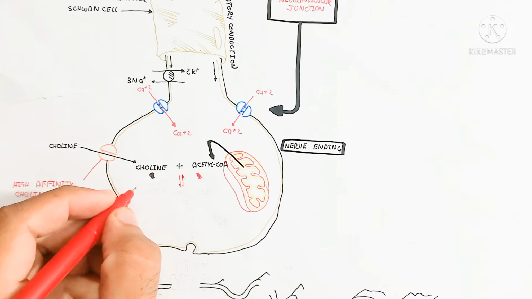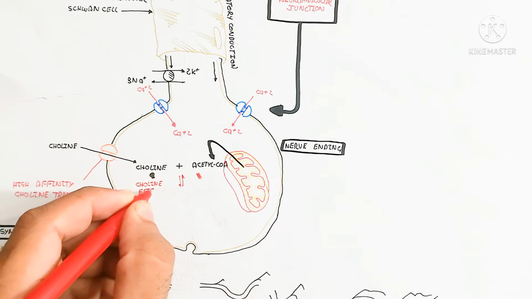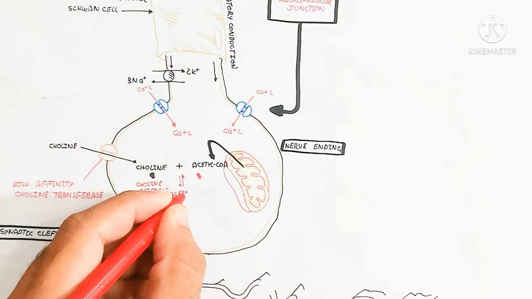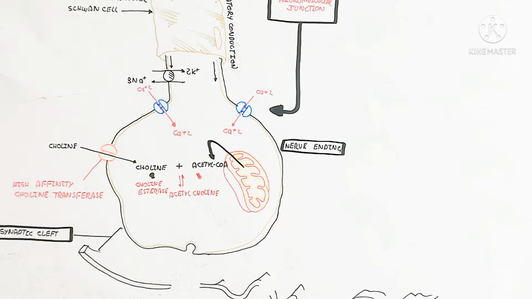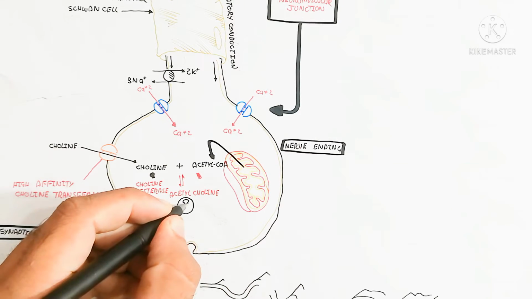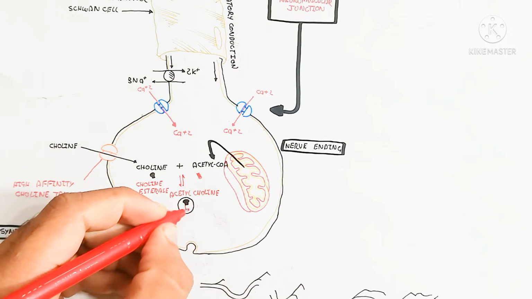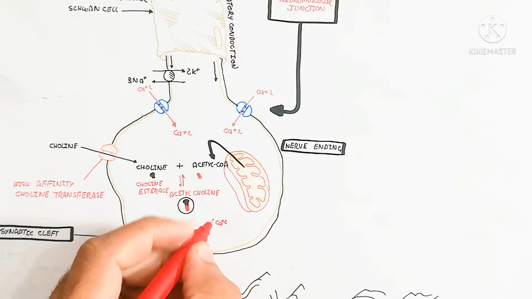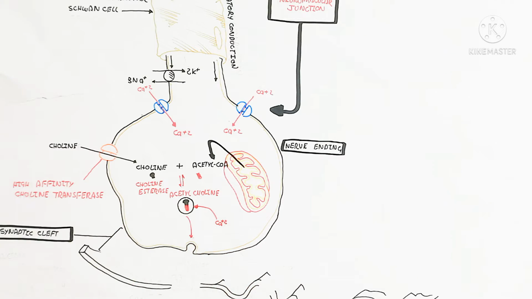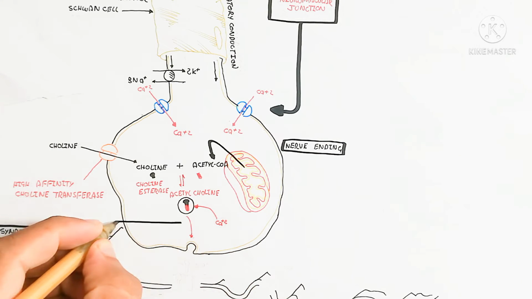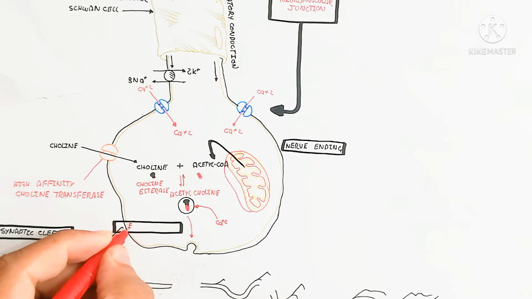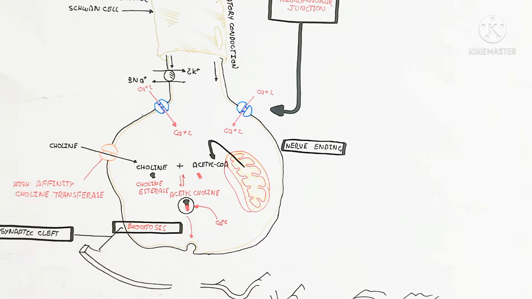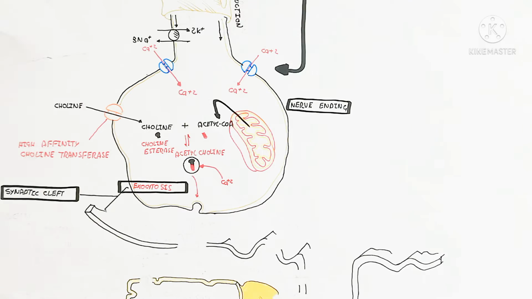Acetyl CoA, a coenzyme, is released from the mitochondria during aerobic respiration. The choline acetyltransferase enzyme forms acetylcholine by binding choline with acetyl CoA, and the calcium already present creates the exocytosis of the vesicle containing acetylcholine.